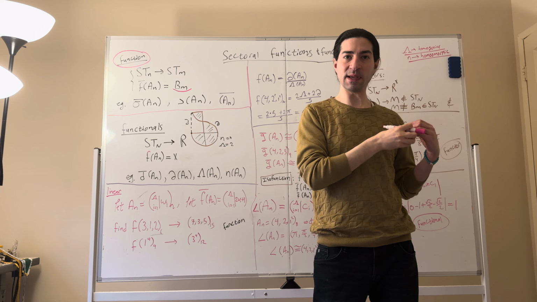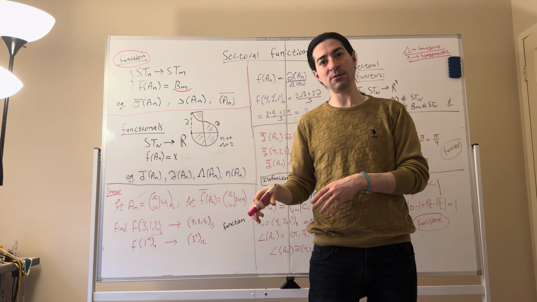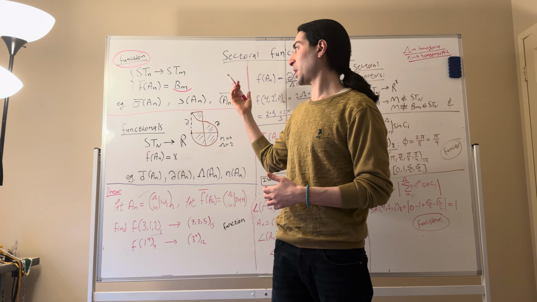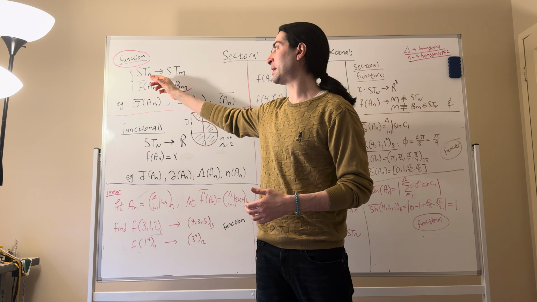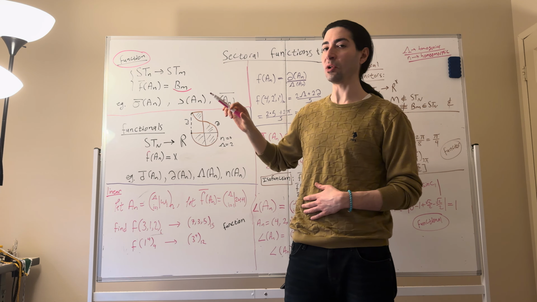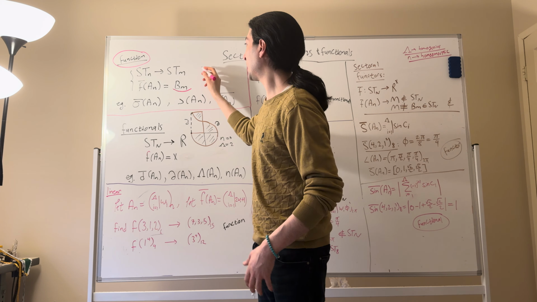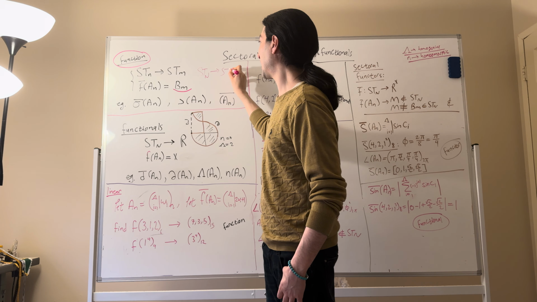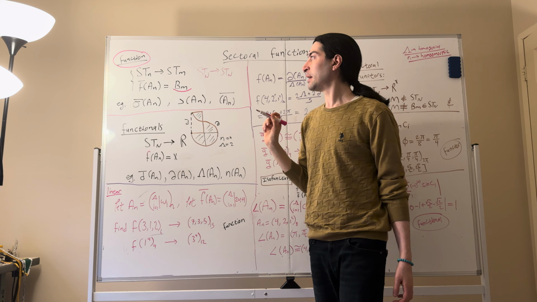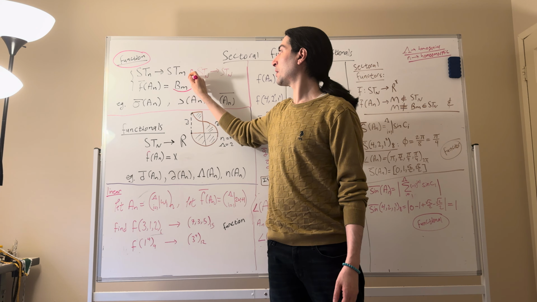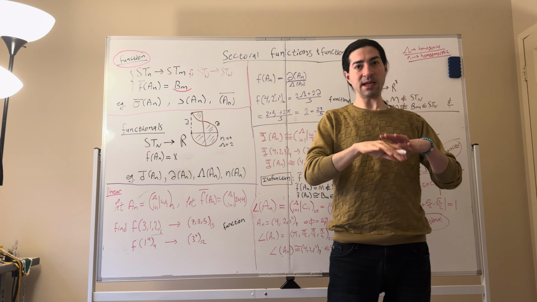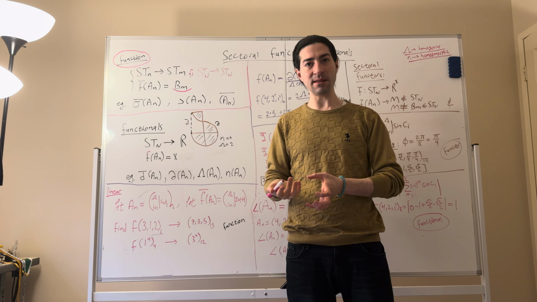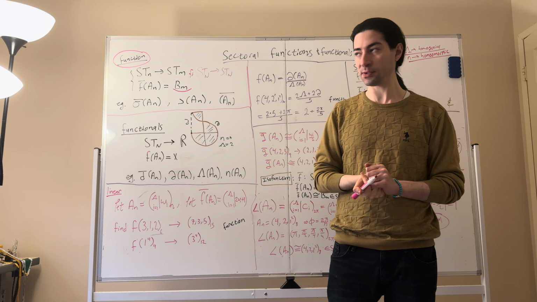So we started with a sectoral structure, we ended with another sectoral structure, and we can either say from ST_n to ST_m, small letters, or alternatively from ST_N to ST_N, capital N. So that means that f begins in the set of sectoral structures and ends in the set of sectoral structures.